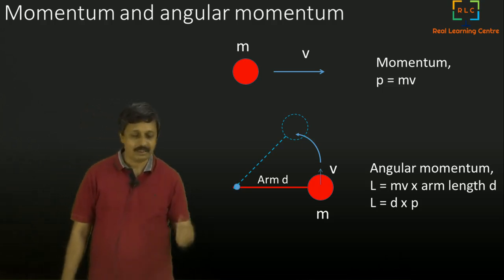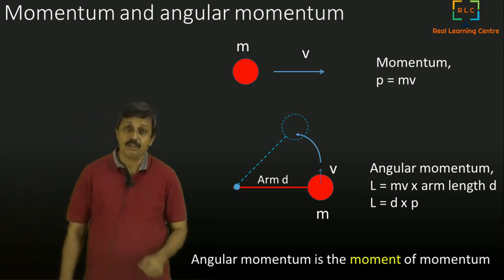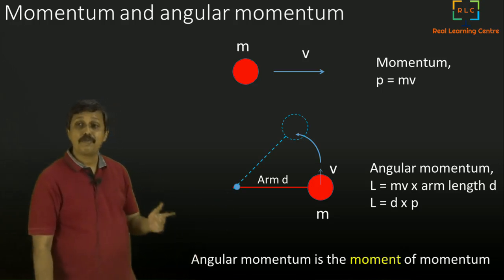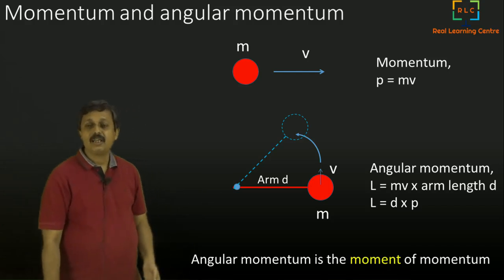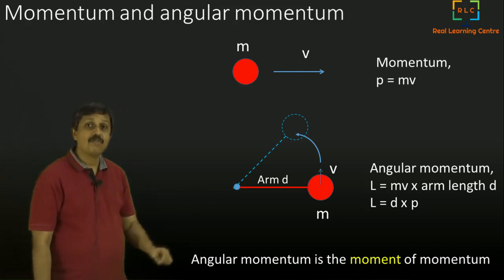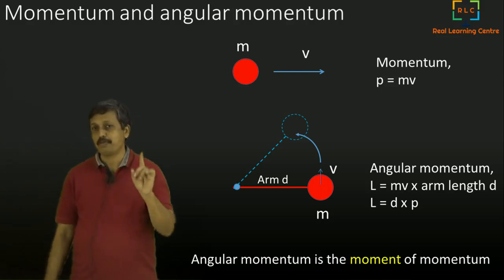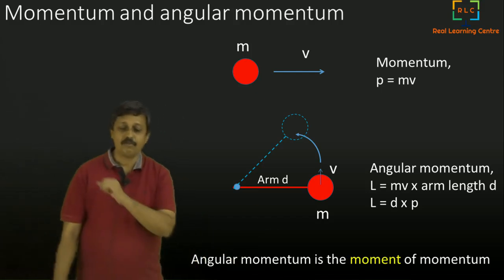Here again, you can clearly see angular momentum is nothing but the moment of momentum. You take a momentum, multiply it by arm length, and you get angular momentum. These two words are very different, momentum and moment, so don't get confused. Angular momentum is the moment of momentum.